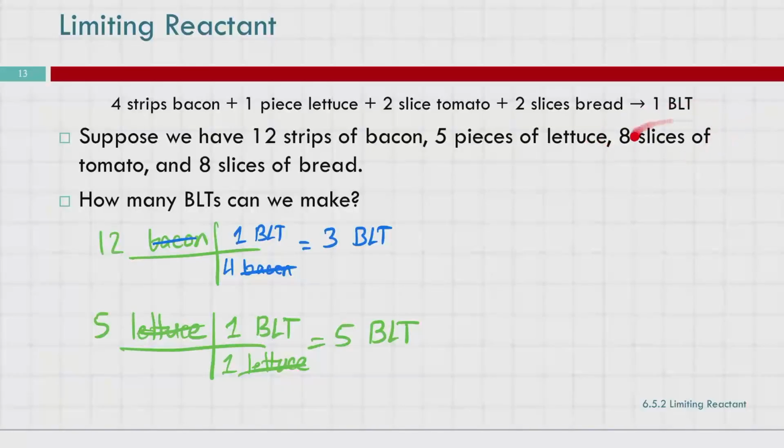Let's take a look at our tomato and bread. They have the same ratios and the same inputs. So I'm going to write 8 tomato, no, I won't be lazy, we'll do it proper. 8 bread, our ratio 2 to 1 and 2 to 1.